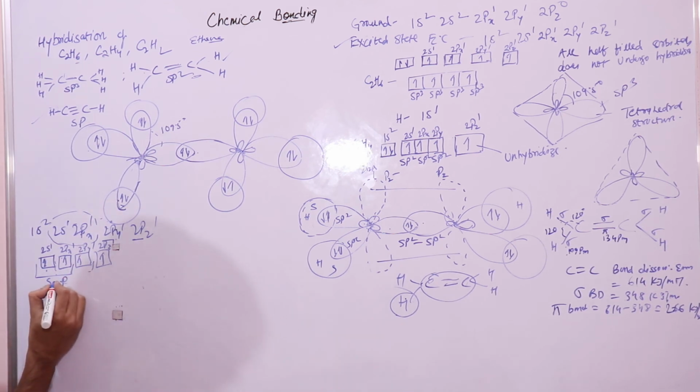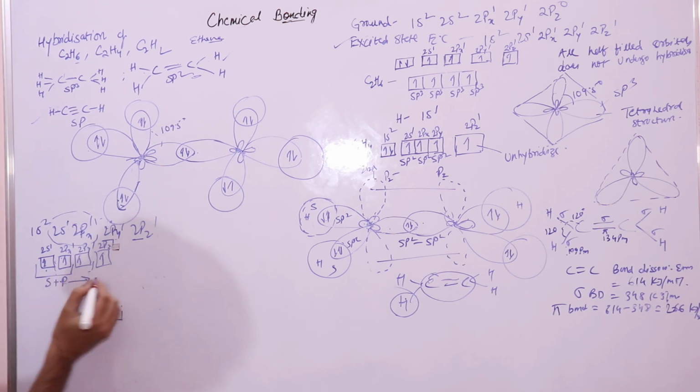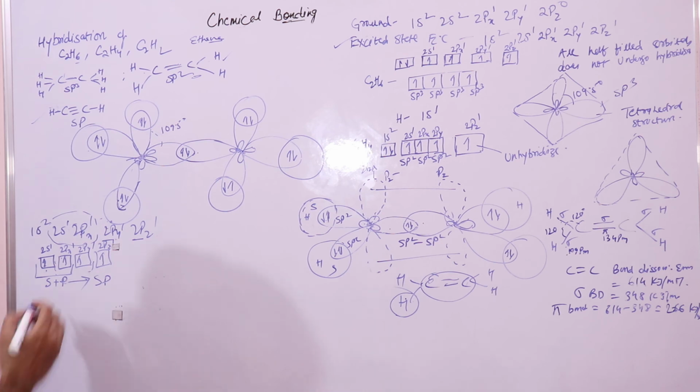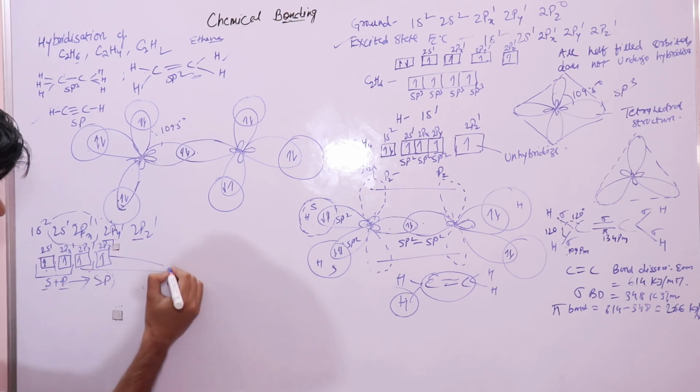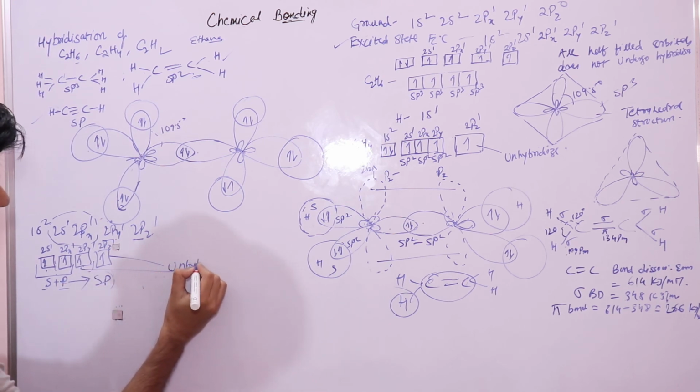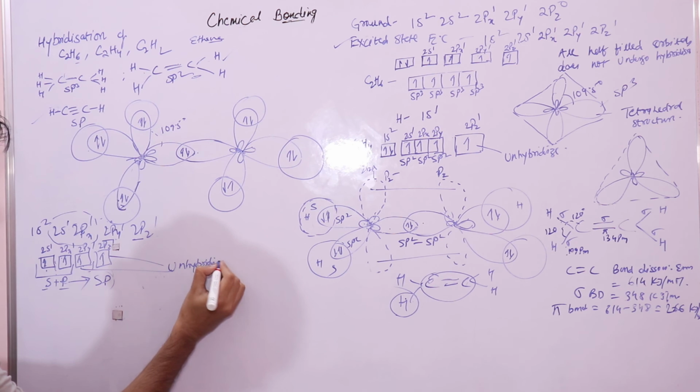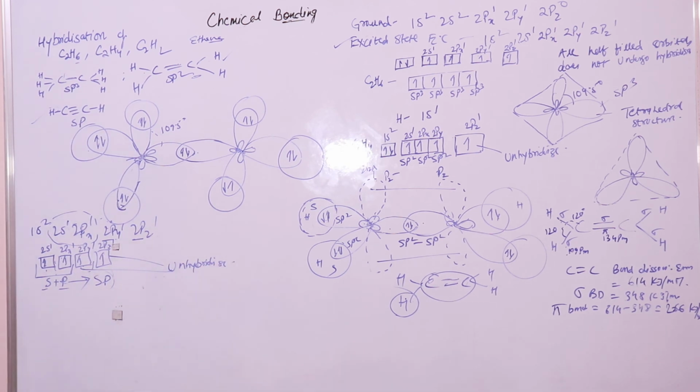One s and one p will mix and merge to form two sp hybrid orbitals, and these two, 2py and 2pz, will remain unhybridized. Let's quickly look into the diagram.